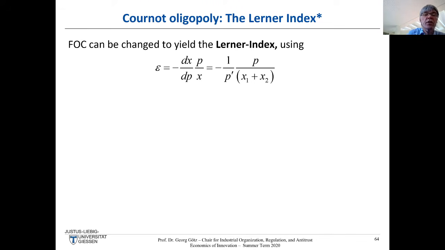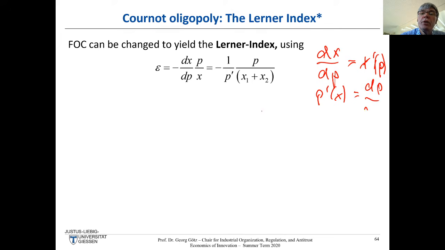Just note that dx dp is nothing else than x prime of p, and of course p prime would be nothing else than dp over dx. Just in case you're not familiar with this notation.